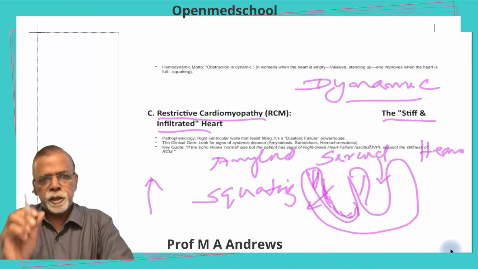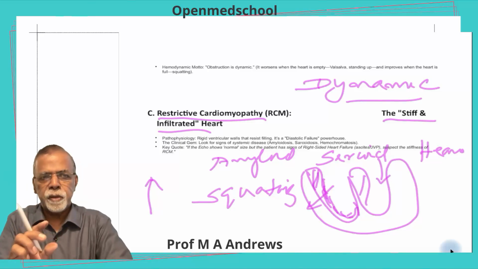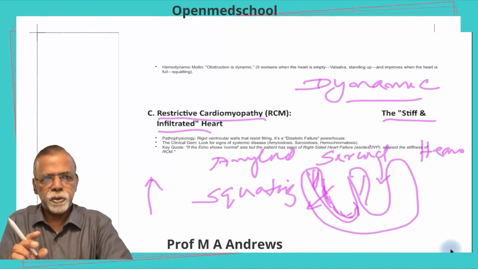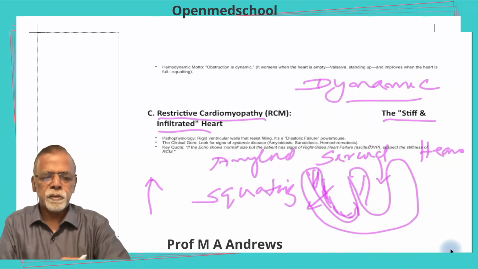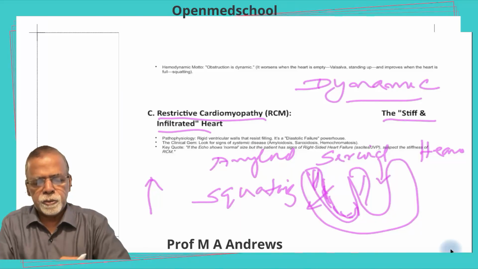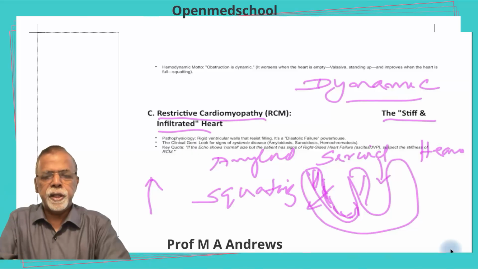So these are usually restrictive cardiomyopathy. There is a restriction in the ventricular walls and it is usually associated with a systemic disease like hemochromatosis, sarcoidosis, and amyloidosis. So we have spoken about three types: dilated, hypertrophic, and restrictive.